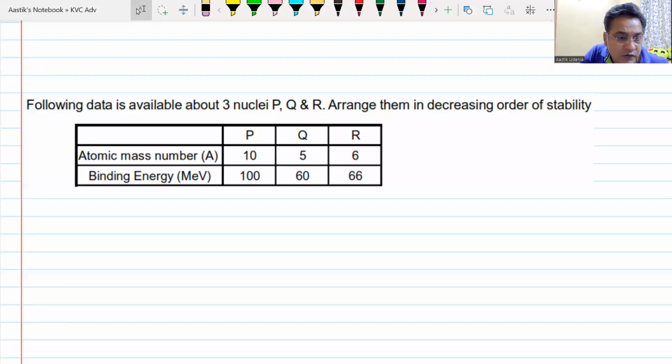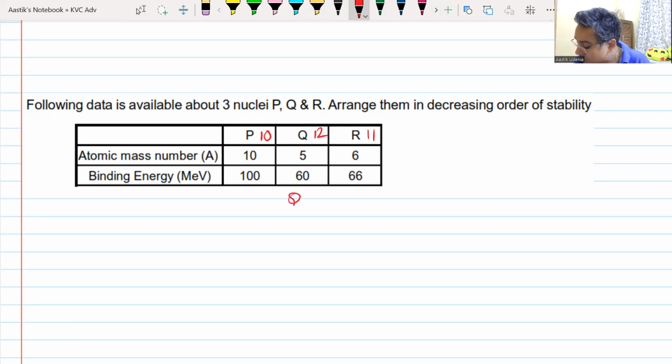So, how are we supposed to find this? We have to find out the binding energy per nucleon. For P, the binding energy per nucleon is 10. Here it is 12, and here it is 11.